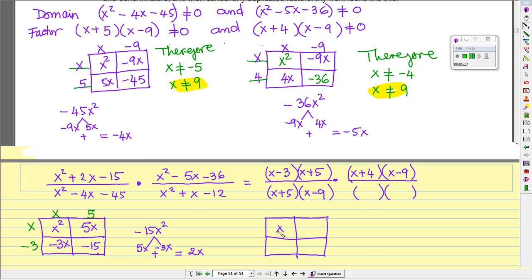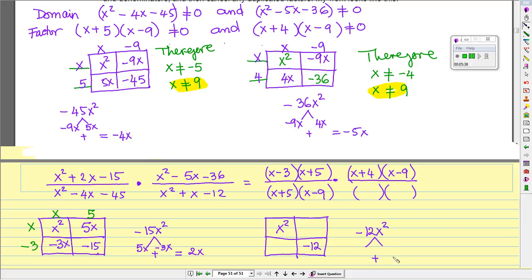We will put x squared on the top left corner and negative 12 at the bottom right. Now we multiply these two, which gives us negative 12x squared.